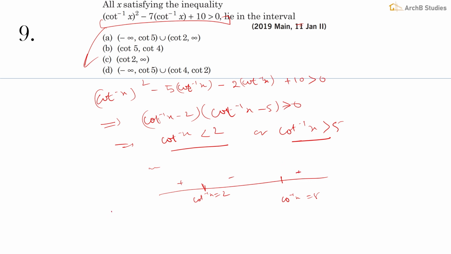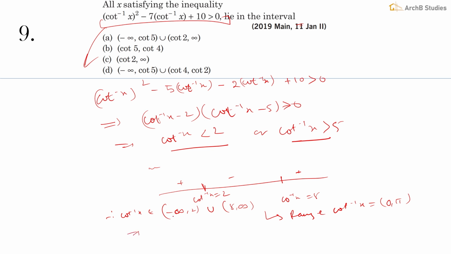Now cot inverse x belongs to minus infinity to 2 union 5 comma infinity. But we know that the range of cot inverse x is 0 comma pi.